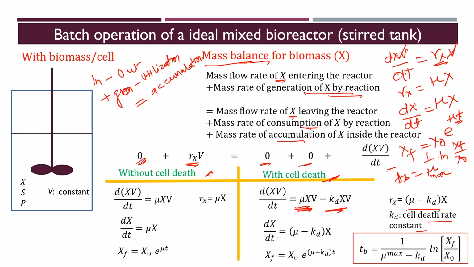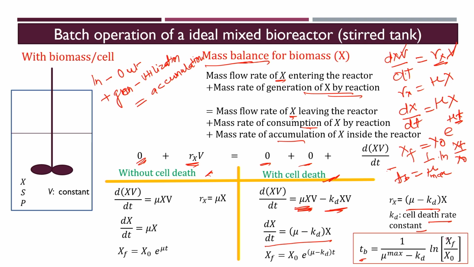Again, if you integrate this expression, you will get xf equals x naught e to the power mu minus kd into t, and from here the batch time becomes 1 upon mu max minus kd ln xf upon x naught.